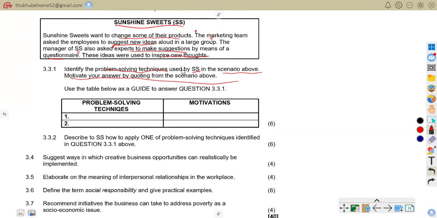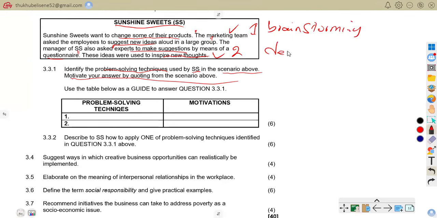It means as a business, we don't have previous data. We are not experienced. That is why we are going for the experts. And that is the Delphi technique. That is our motivation. This is our motivation one, where we are talking about brainstorming. And this is our motivation two, when we are talking about the Delphi technique.